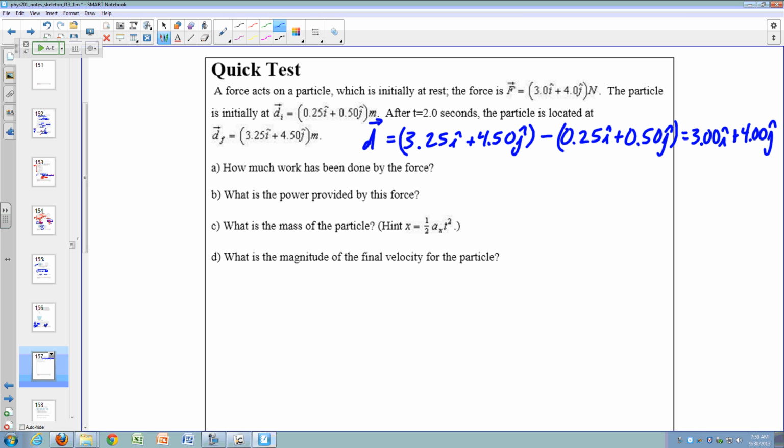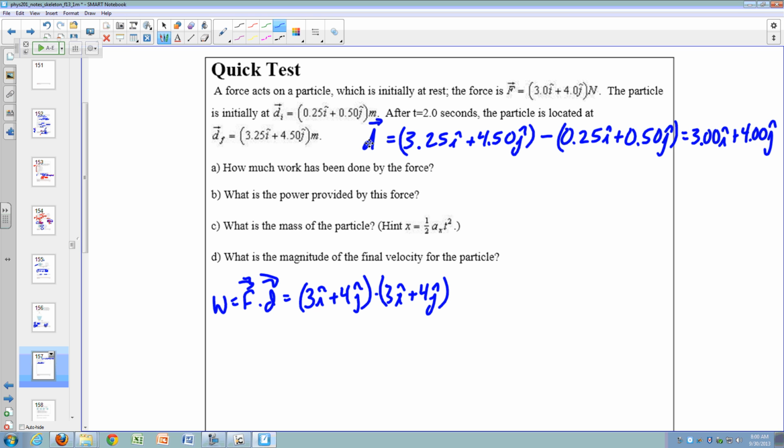25? Yeah, so if I find my work, it's equal to F dot d. That's going to be 3i plus 4j dotted with 3i plus 4j. But I know that it's only the first and last terms that are relevant, because the inner and outer terms are j dot i and i dot j, so those go to 0.